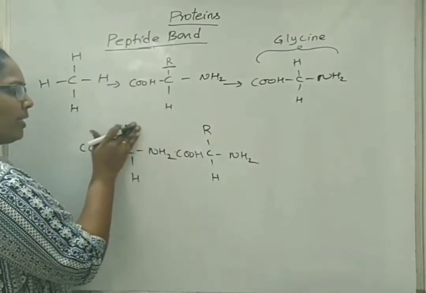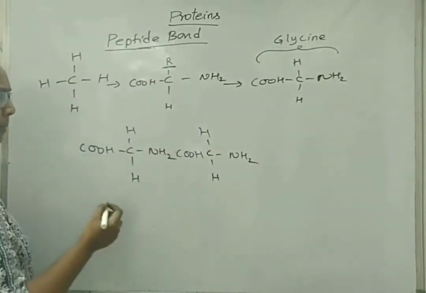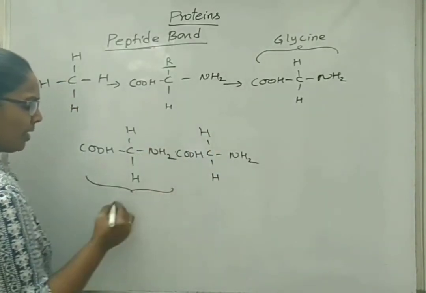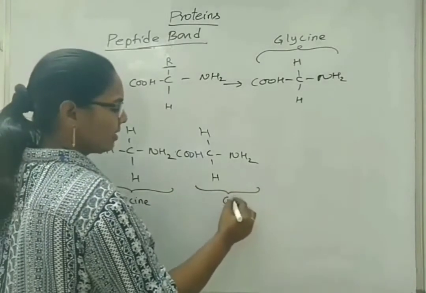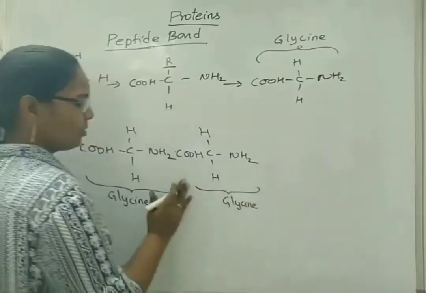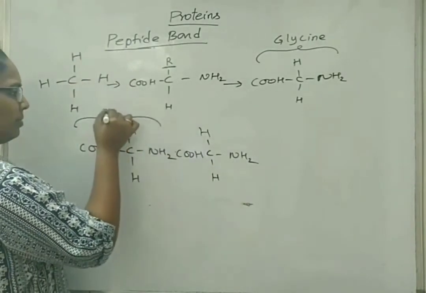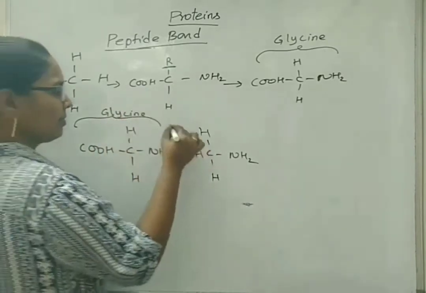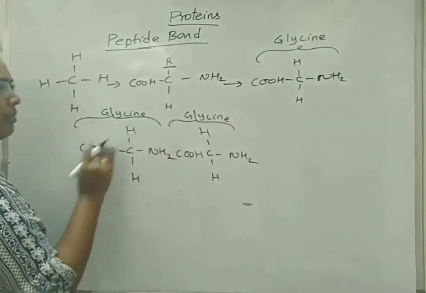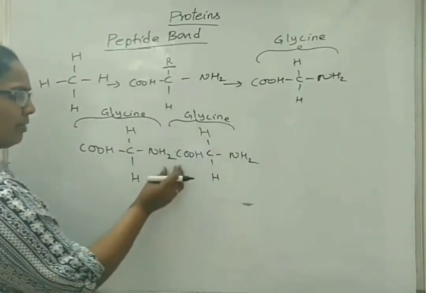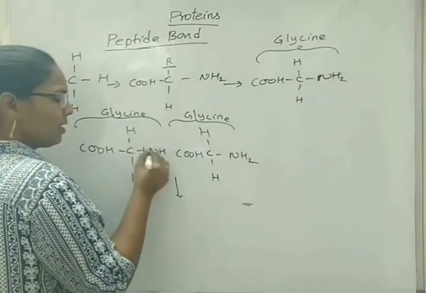But I told you we will take glycines as the example and show the peptide bond formation. So this amino acid is glycine. This amino acid is glycine. So we'll write on the top. Now we are fusing two glycines to give a new structure. So we can write this like this.